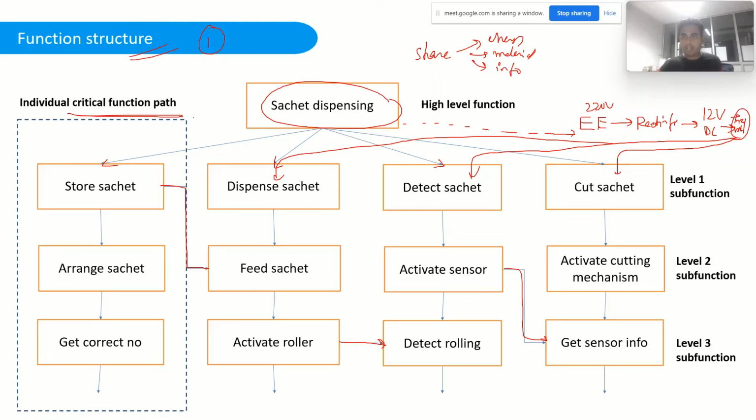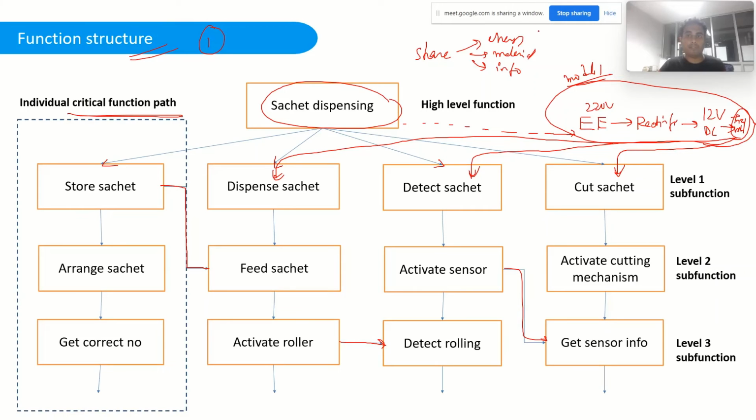One important criterion is that whenever we have shared functionalities common to various functional blocks, we take those as a module. So this is module one.